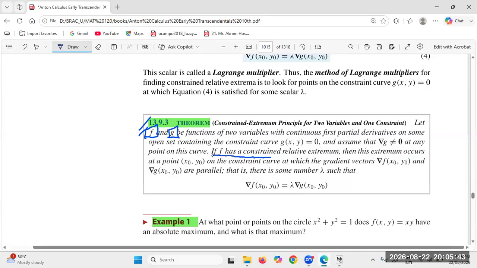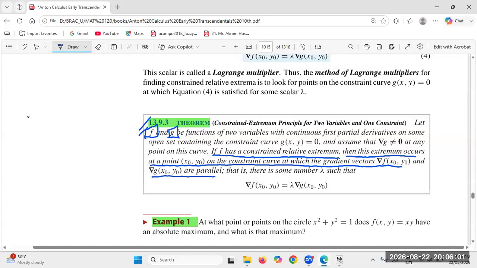Okay, if f has a constrained relative extremum, then this extremum occurs at a point x0, y0 on the constraint curve, at which the gradient vectors, gradient of f and the gradient of the restriction, are parallel.